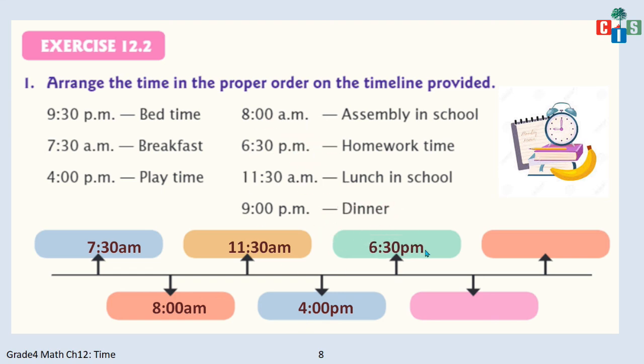So 6:30 PM. And then after homework he will have dinner. That is at 9 o'clock he will have dinner. And after 9 PM, that is 9:30 PM, he goes to bed. So this is the chronological order, that is 7, 8, 11, 4, 6, 9 and 9. Okay, AM and PM accordingly.